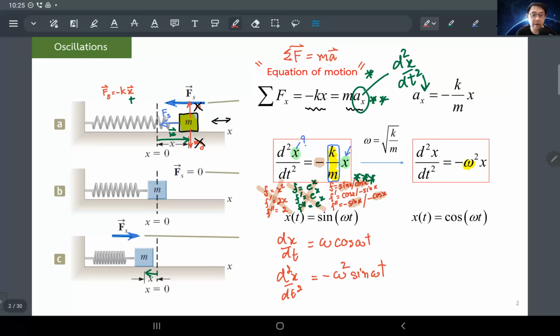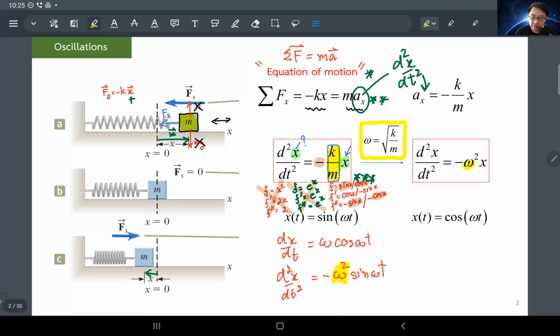You guys with me now? And if this is the one that you want to stick with, the omega squared is eventually going to be my k over m right here. Cool. So the conclusion is I can say that my omega is square root of k over m.